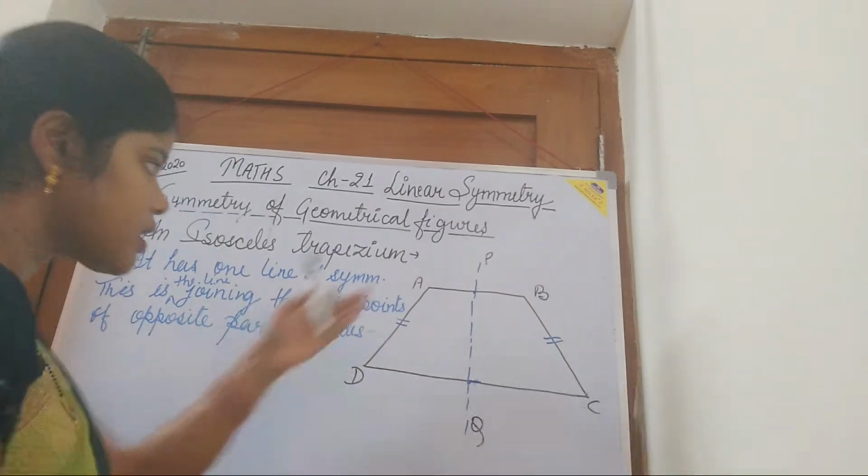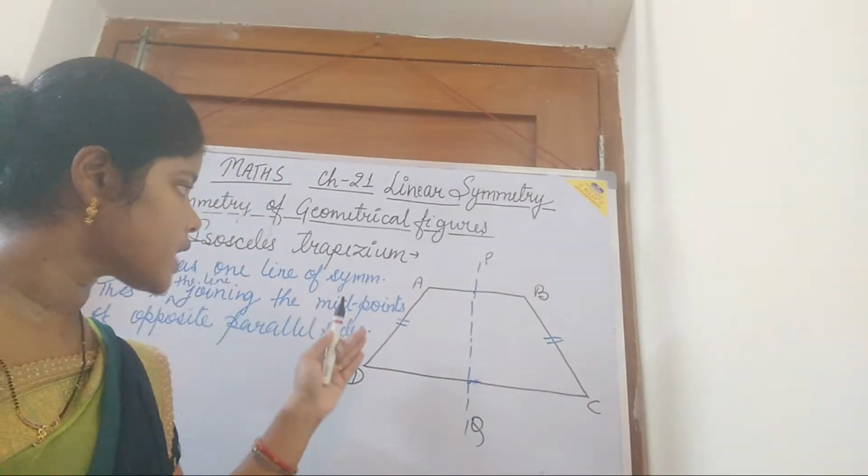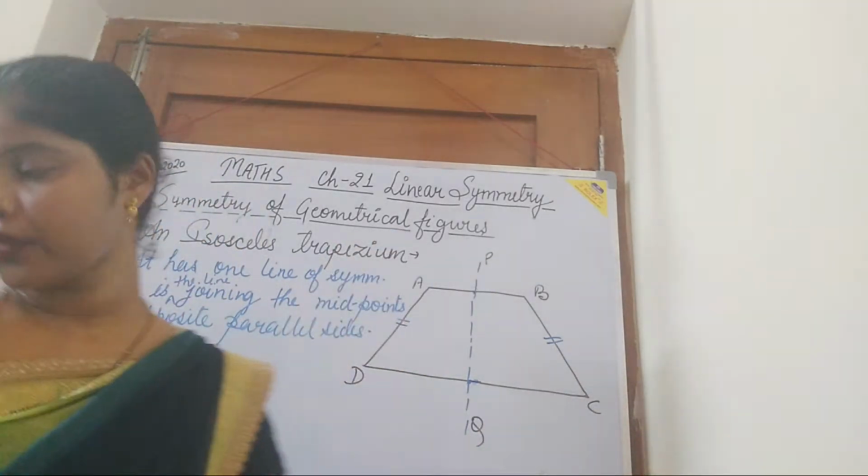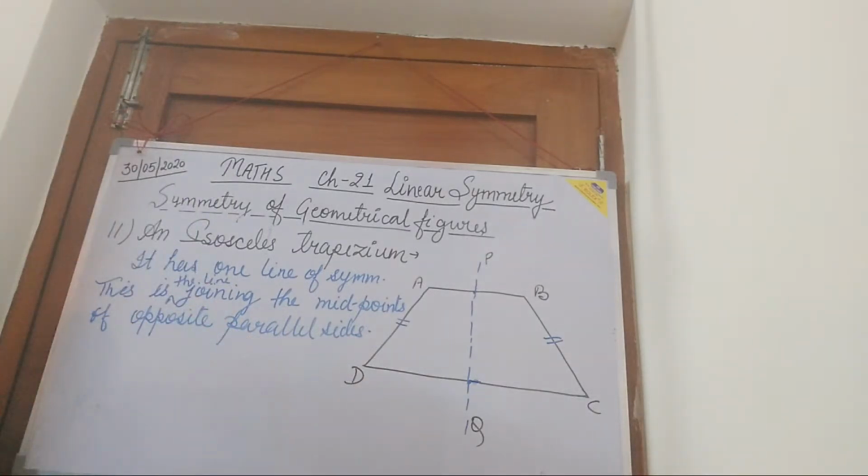So here PQ is the line of symmetry for an isosceles trapezium ABCD. Now the next figure is a semicircle.